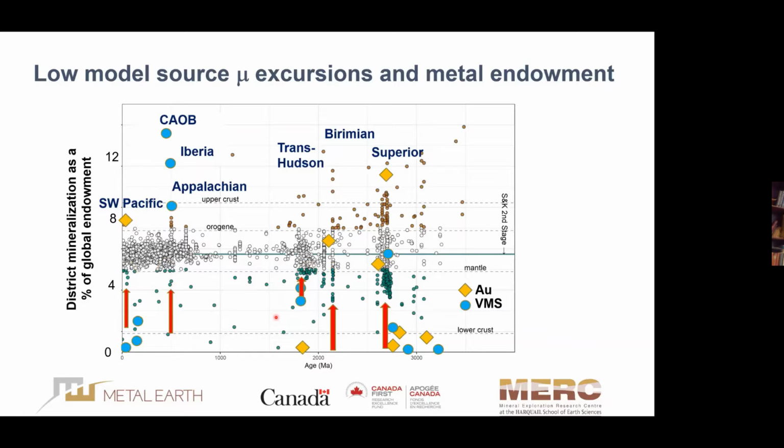At the same time, we can have a look at when these low mu occurrences occur and bring back in some of that metal endowment, here shown for gold in yellow and the VMS-related base metals in blue. And you'll see that many of these low mu occurrences seem to be coincident with some of the high endowment episodes.